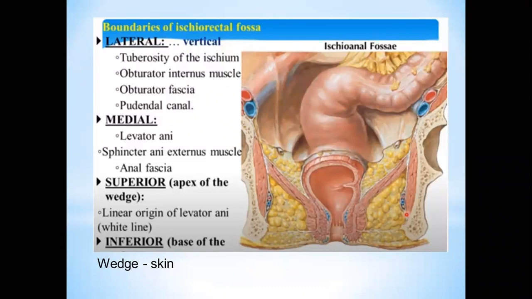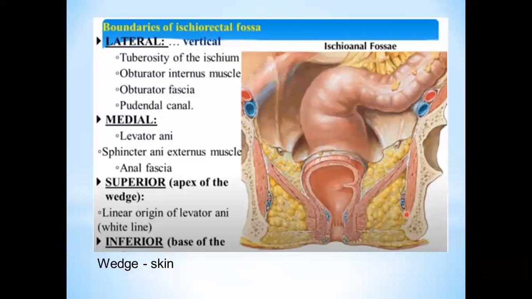So to simplify it: laterally it is the obturator fascia, forming the lateral boundary on both the lateral sides. Medially, it is formed by the levator ani, the fascia of the anus, and the external anal sphincter.